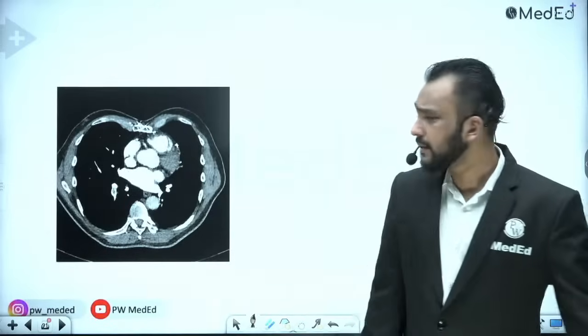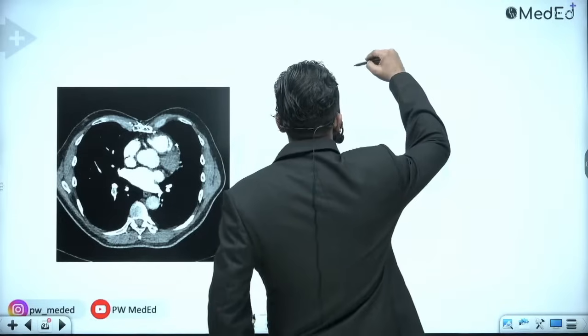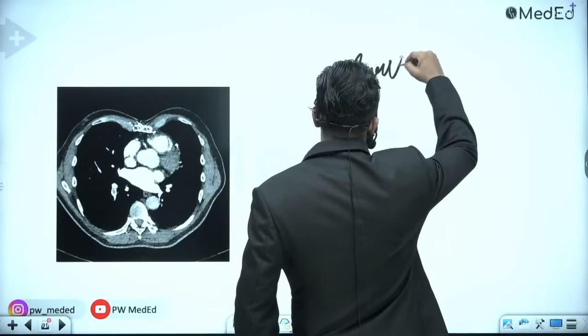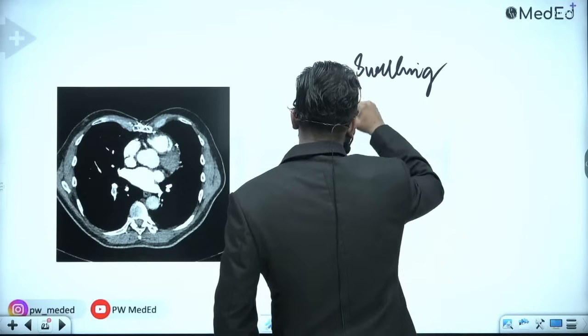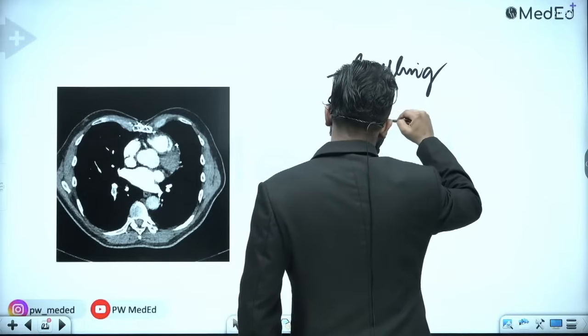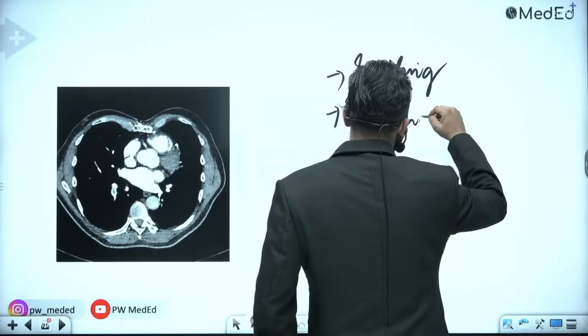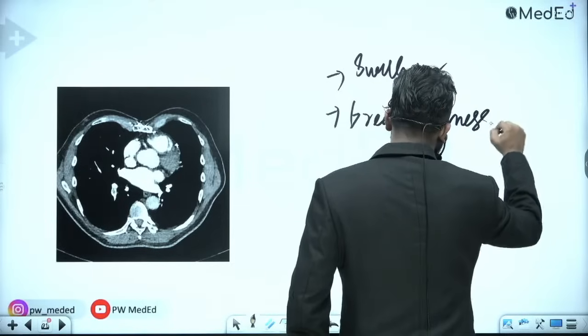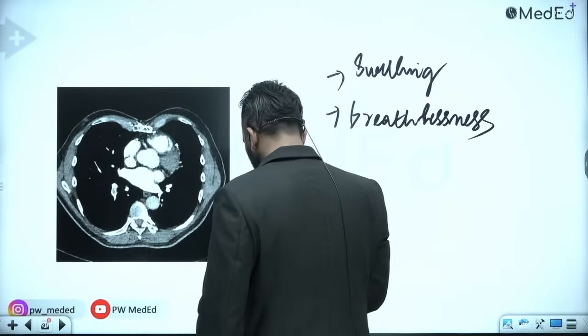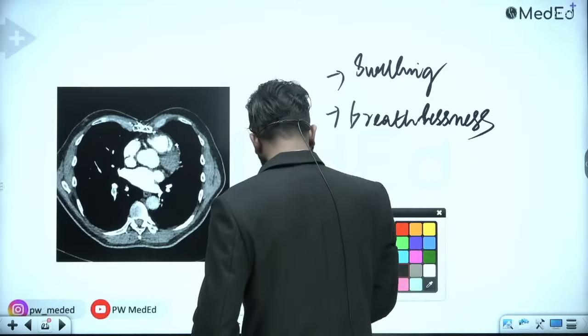A patient has history of swelling in the legs. He has history of breathlessness. You do a CT pulmonary angiography for this patient.